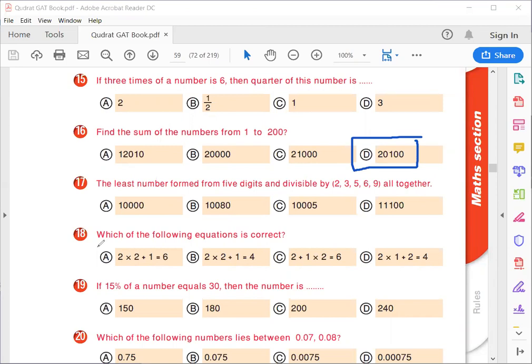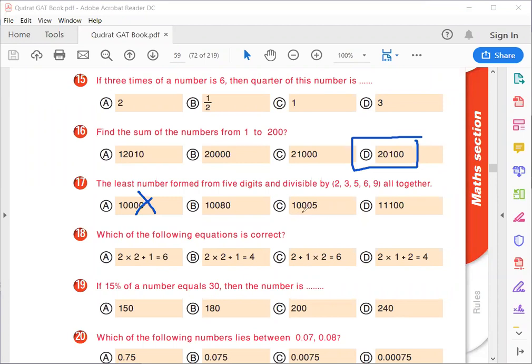Okay, we test now all numbers. I have 10,000. Is it divisible by 3? No, it is not divisible by 3. Only by 2 and by 5, yes.